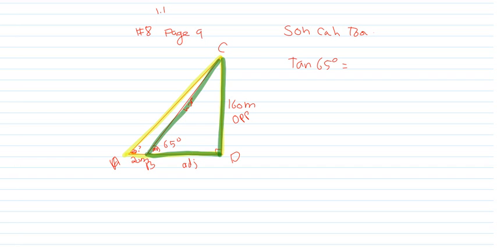So my opposite is 160 over adjacent, which I don't know what it is. Now all I have to do is switch the location. So adjacent equals 160 over tan 65. So what's the answer for that? It's going to be 74.6.